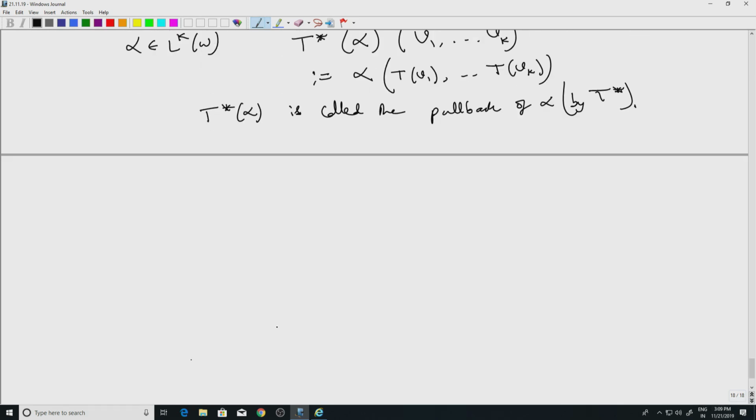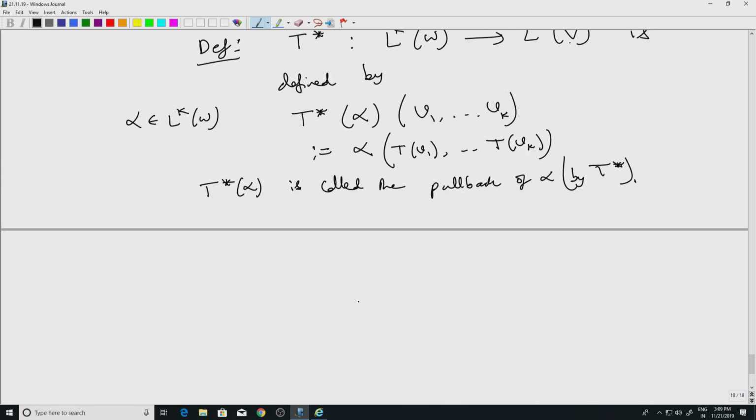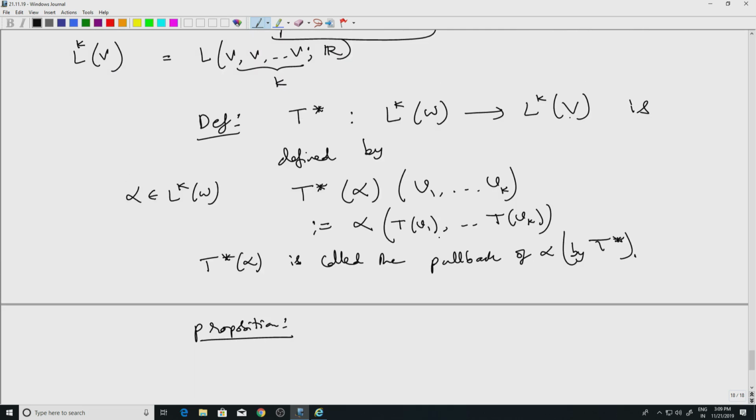So then, a small proposition. I can just state it as a proposition. Now notice what I've done here: I just said what T star alpha acting on V1 up to Vk is, and I come up with a number.